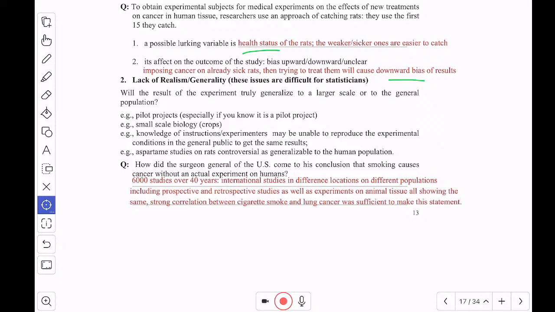Now, let's say right now we are going through this global pandemic where we've been informed that SARS-CoV-2 causes COVID-19.